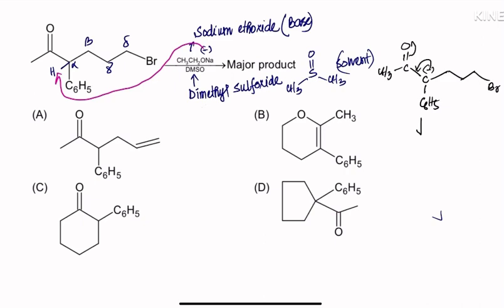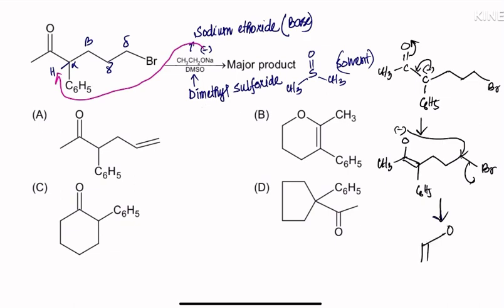It will form an enolate, CH3 C O minus double bond, and this will form C6H5. And this minus will go and attack here, and Br will be out. And in this case, it will form this kind of product.